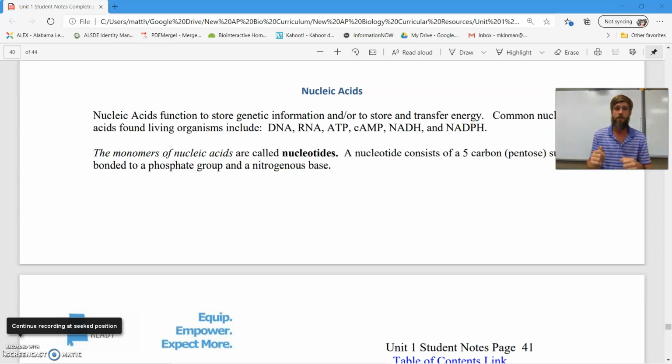All right. What type of bonds form when you put two amino acids together? When you put a bunch of them together, you get a polypeptide. So it's a peptide bond that joins two amino acids together. What type of bond is a peptide bond? Is it ionic, covalent, or hydrogen? Covalent, right. It's a very strong bond.